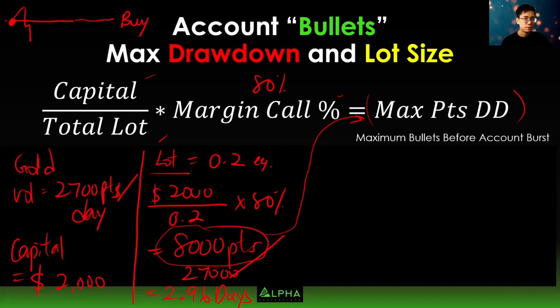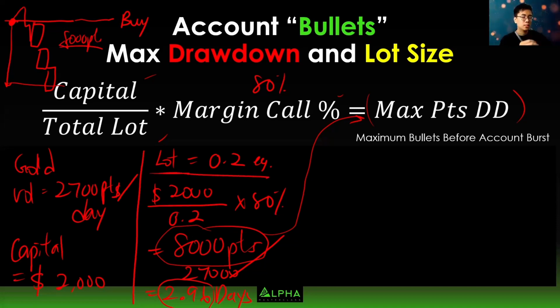From your buying trade all the way coming down, it needs 2.96 days, which is 3 days: 1 daily candlestick, 2, 3 coming down. If 3 consecutive candlesticks come down with a total net of 8,000 points, you will lose all of your money. Meaning that when you enter 0.2 lot and the market goes against you by 8,000 points, you will lose all of the money.